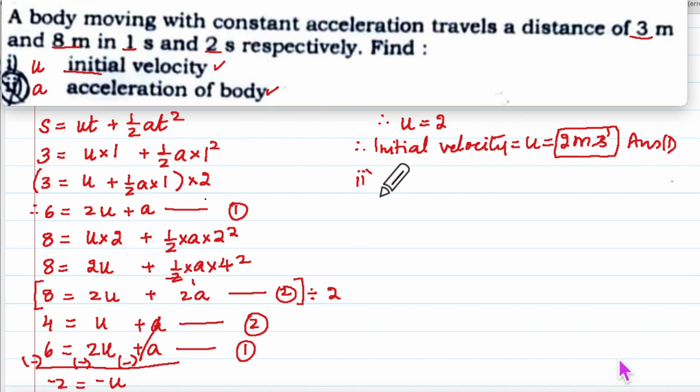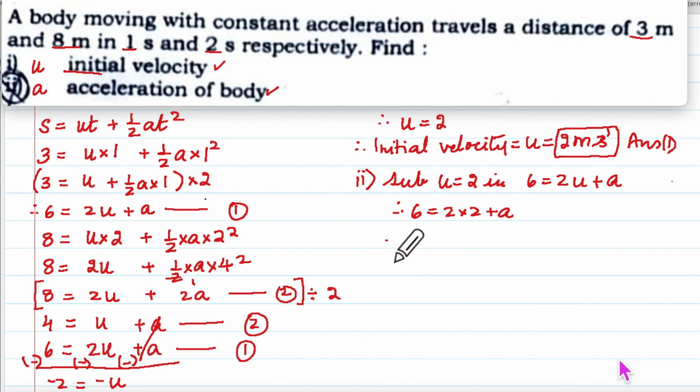For the second part, for the acceleration, we will substitute u equal to 2 in 6 equal to 2u plus a. Therefore, 6 is equal to 2 into 2 plus a. Therefore, a is equal to 6 minus 4, which is 2 meter per second square.